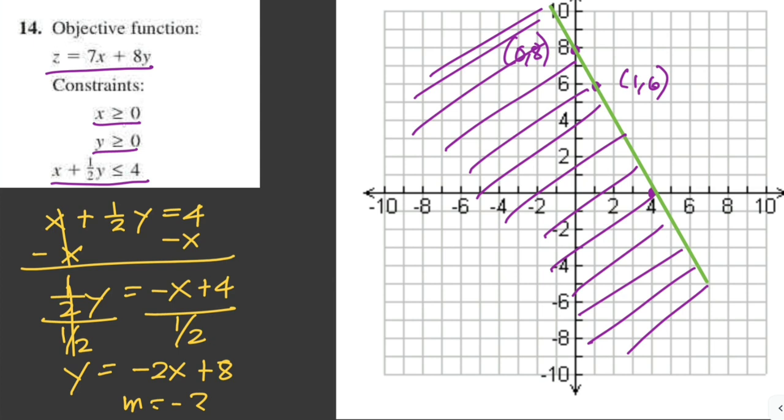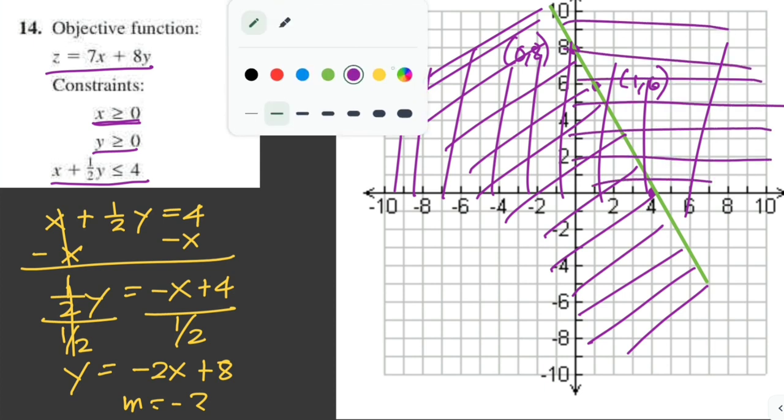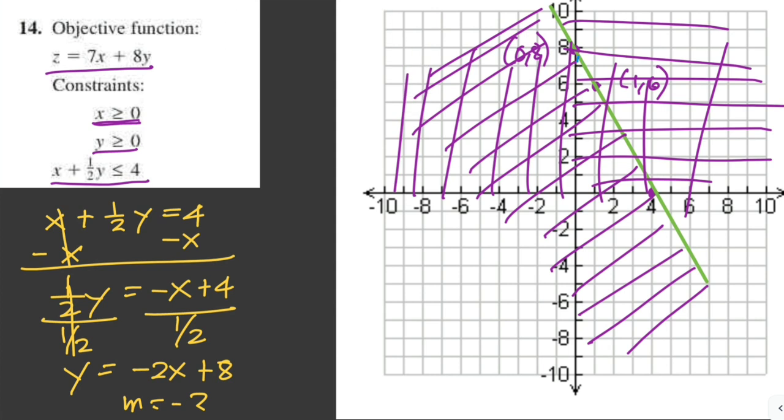And then we graph the other constraints, x greater than or equal to 0, and then y greater than or equal to 0. So our feasible region would be this region here. Okay, this one.